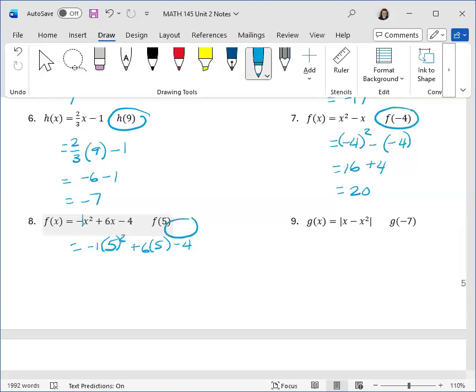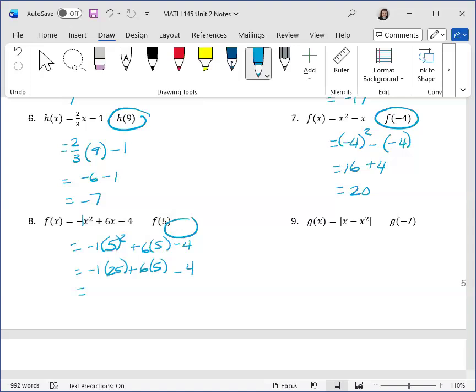Okay, if I evaluate that, order of operations, we must do the exponent first. So 5 squared would be 25. At this point, I'm just going to pull everything else down so I can really emphasize these order of operations here. So we do exponents first. The next step, we should take care of any multiplying.